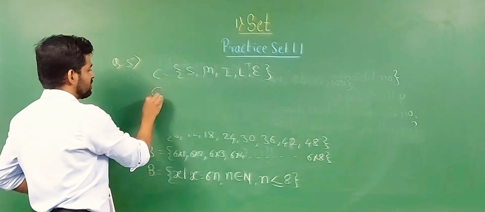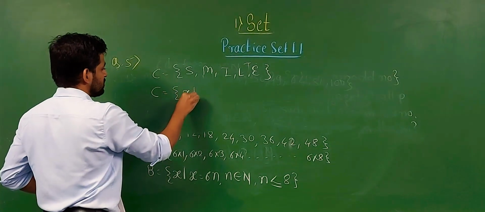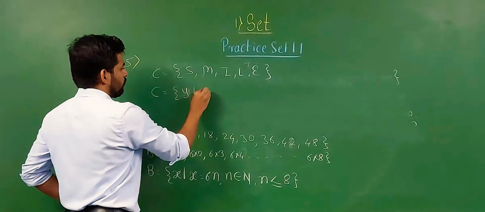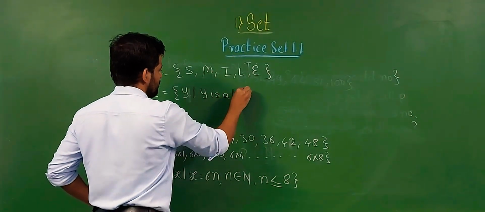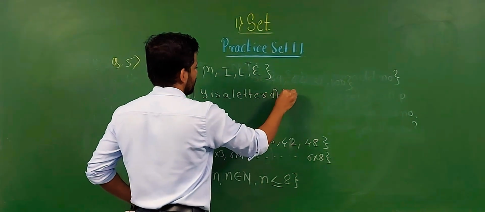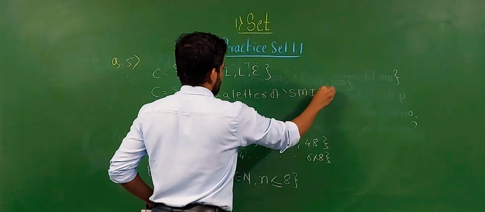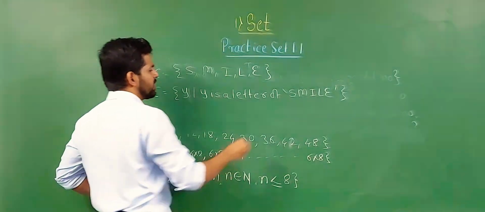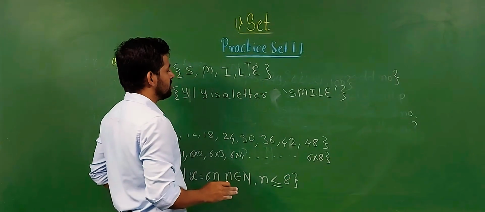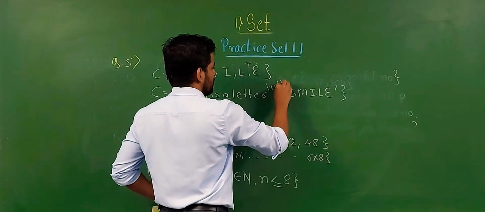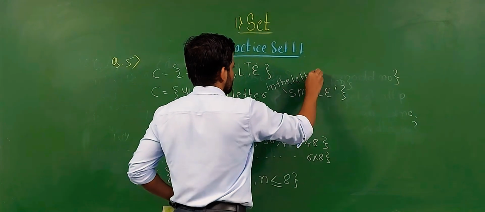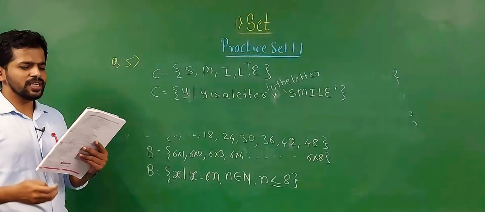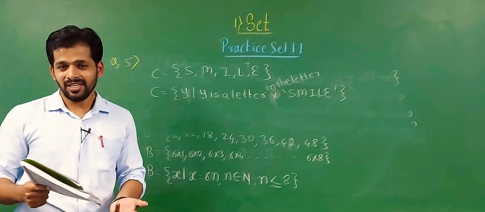So set C is the set of all x such that x is a letter in the word SMILE. Next one is the same: Sunday, Monday, Tuesday, Wednesday, Thursday, Friday, Saturday, you can say it orally.